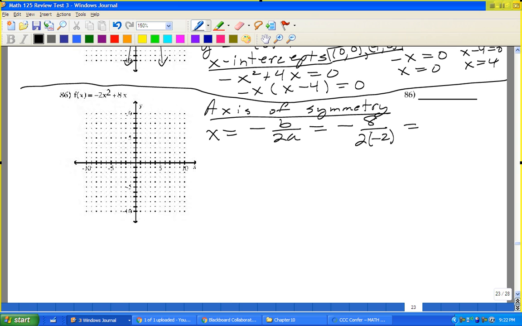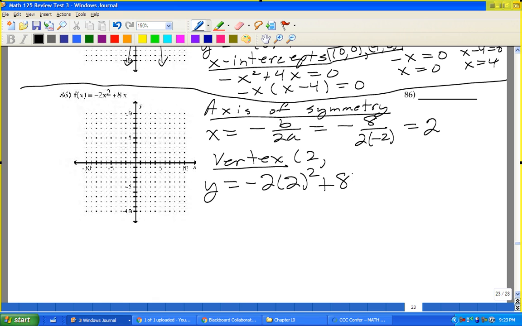And so positive 8 divided by 4 is 2. Let's find the vertex. So the vertex will have x coordinate 2. Let's find the y coordinate. And so y is equal to negative 2 times 2 squared plus 8 times 2. And so 2 squared is 4, times negative 2 is negative 8, plus 16 is 8. So my vertex is at (2, 8).